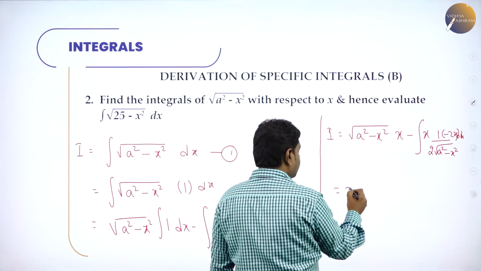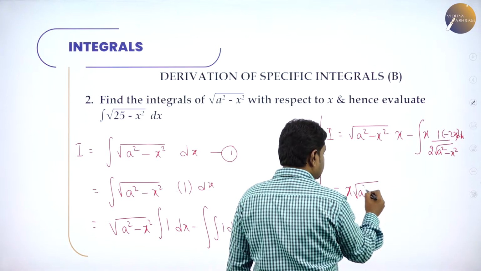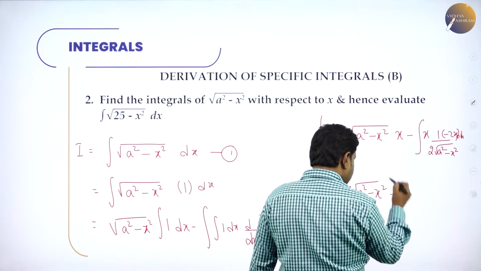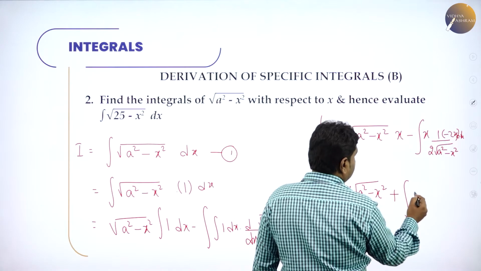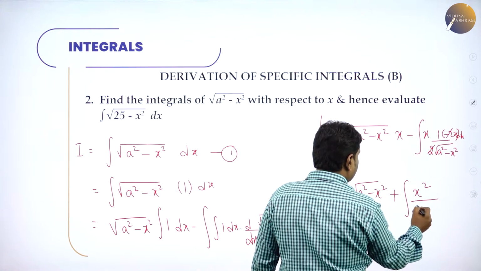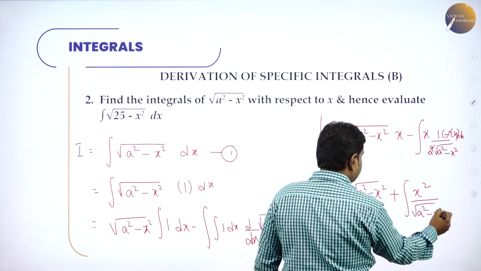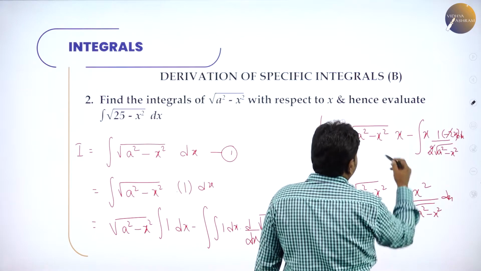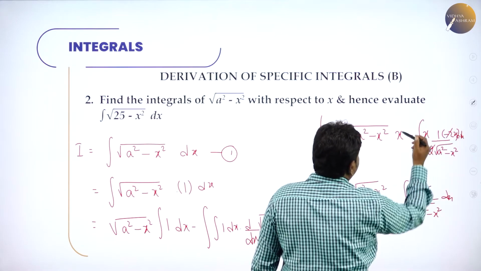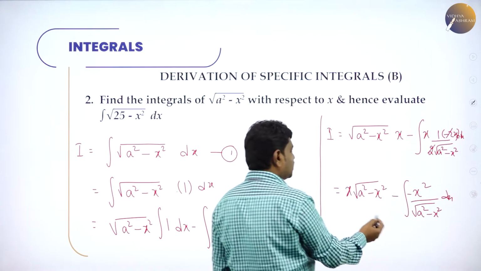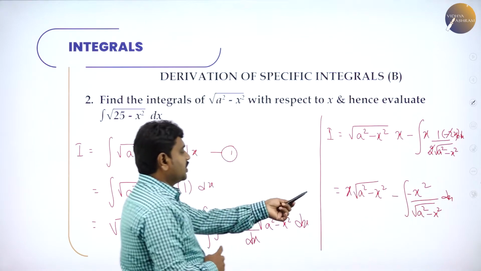I'll write this as x into root of a square minus x square, plus the integral of x square, cancelling 2 and 2, by root of a square minus x square dx. So we got to this stage.